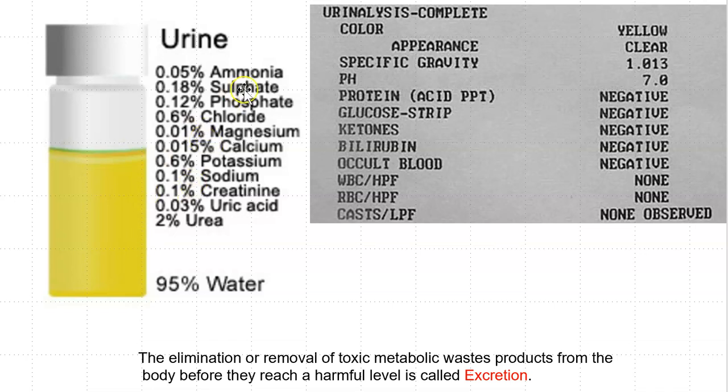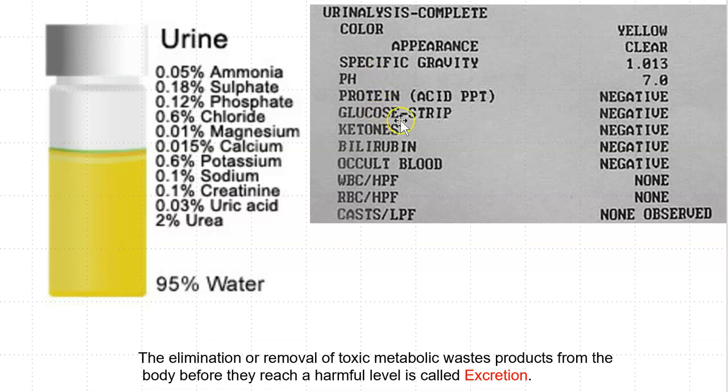So urine basically consists of ammonia, sulfate, phosphate, chloride, calcium, potassium, sodium, creatinine, uric acid, and urea, but water makes up 95% of the urine. So this is just a shot of a urinalysis. It tells you the pH, protein.